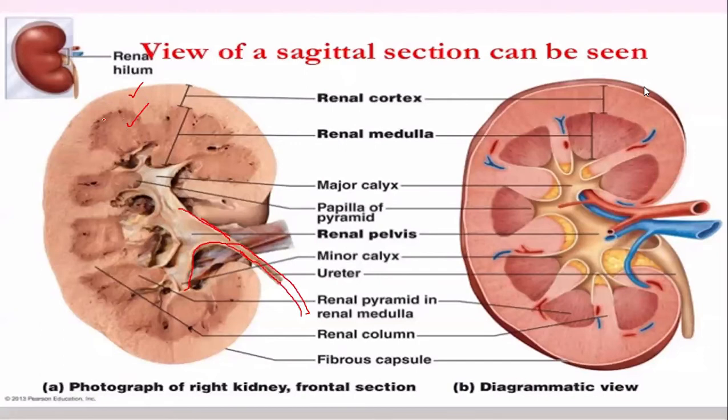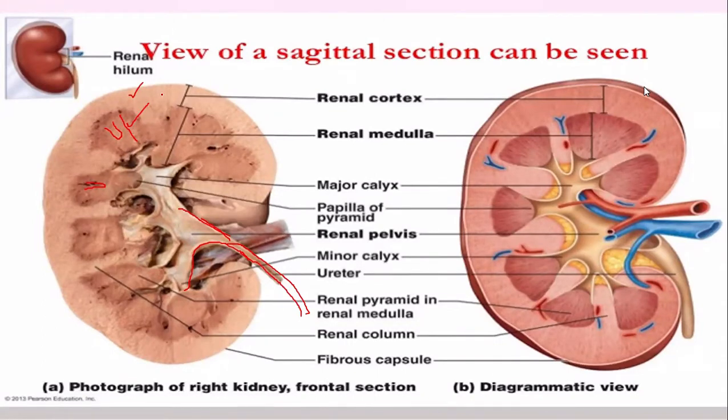We have here the medulla, and the medulla contains the collecting ducts and the loop of Henle. The loop of Henle is a component of the nephron. And the collecting duct, for other physiologists, is also part of the nephron.